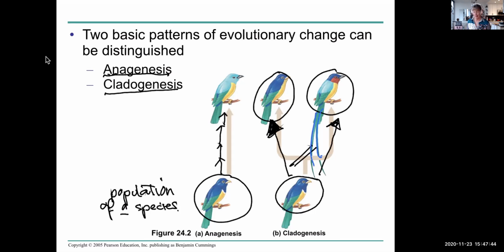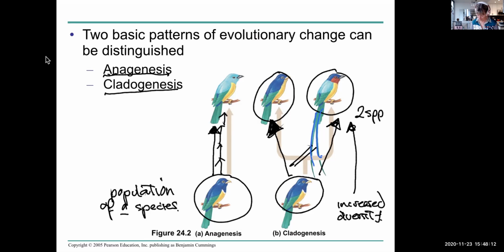And you only get diversity with cladogenesis. With anagenesis, you just get one species which changes, but it's still only one species. With cladogenesis, now we have two species. So we have increased diversity.